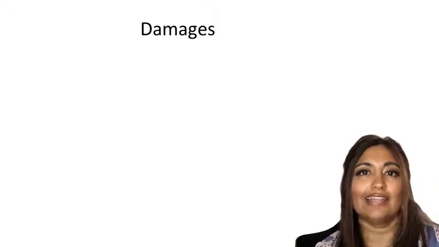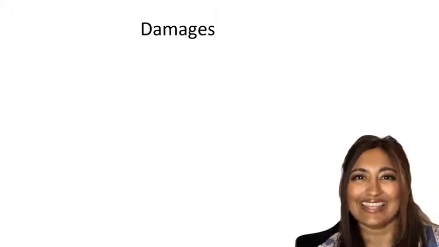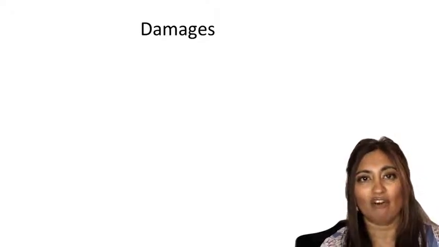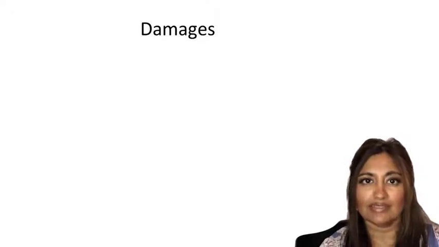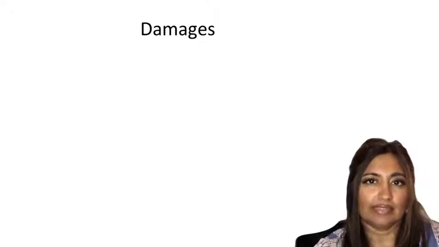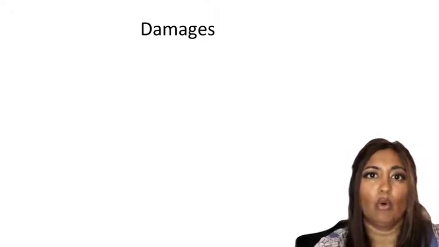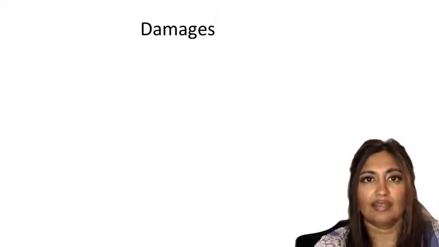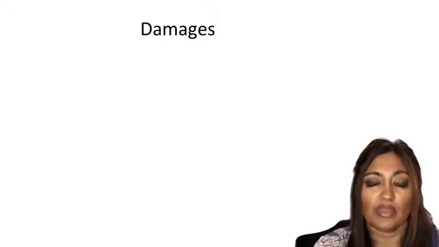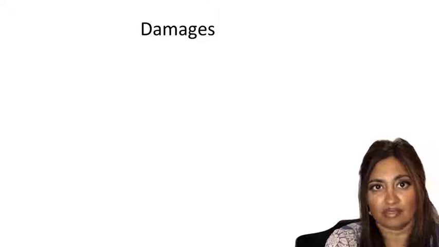And then, as is important with any legal theory that you advance in court, what are the damages? Damages is really important in contracts because we're looking to put the plaintiff in a situation that makes him whole again. That is, how do we make it right with this plaintiff without, of course, punishing the defendant?